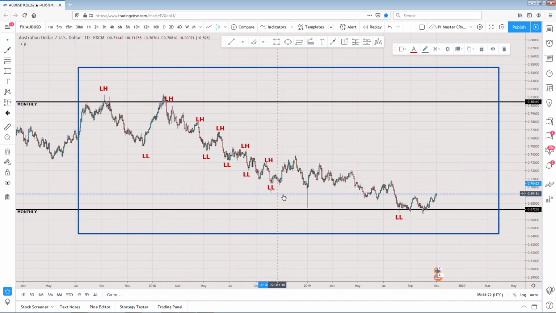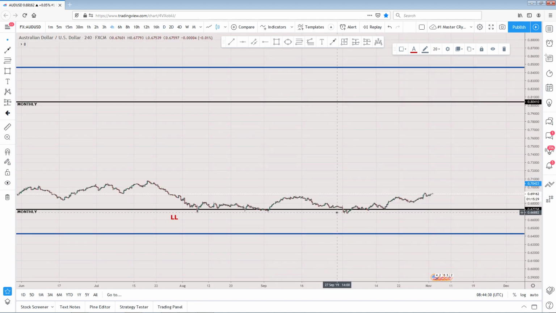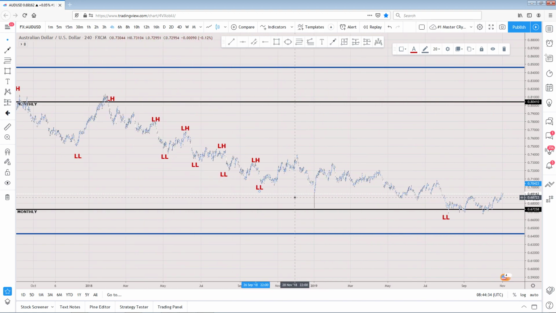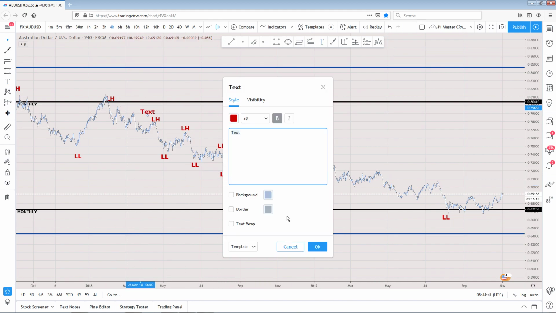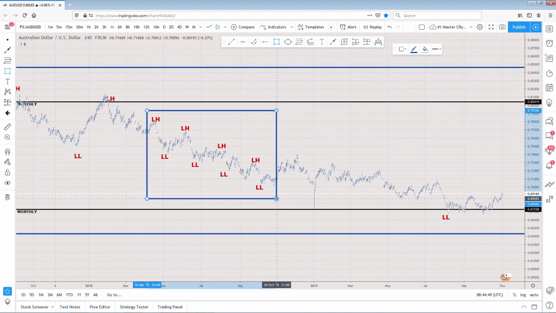You could basically see, I don't need to draw it anymore, but there's structure within structure. If we drop down to the 4 hour, let me delete this one second, and let me draw a box around this, and then zoom in.